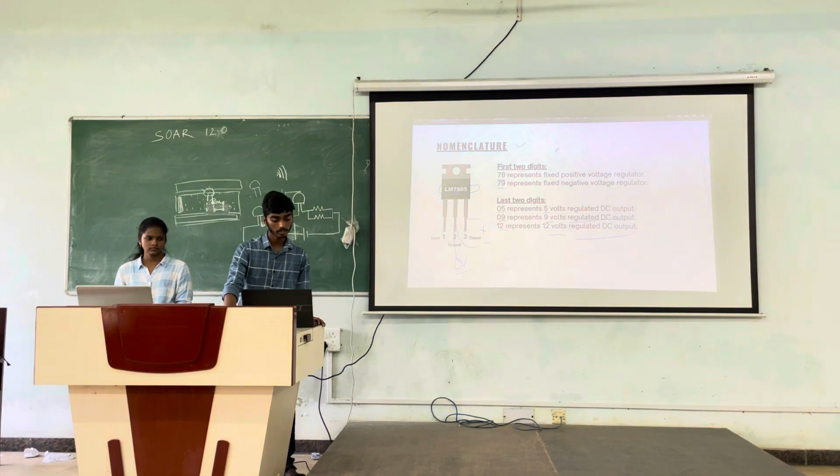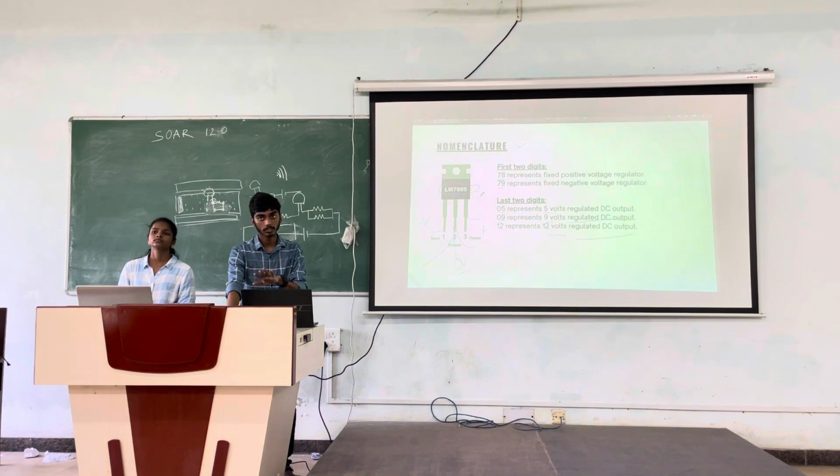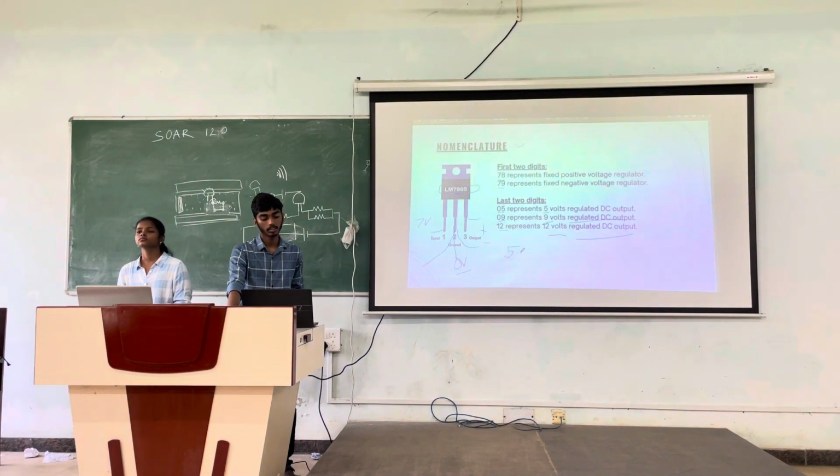Let me tell you one thing, this is very important, please understand this. If we are giving it 7 volts as input, let's say, what output will we get? If it is 7805, 5 volts.